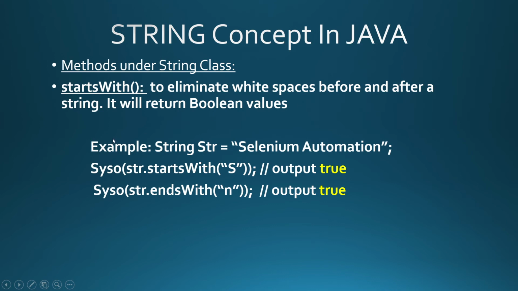But the overall intention is to know the starting value and the ending value of that particular string. With the help of these two methods we can easily get that, and it gives the result in boolean values only.